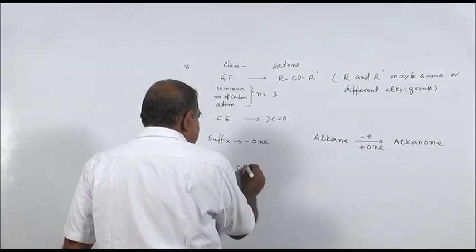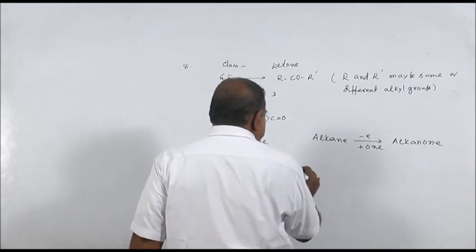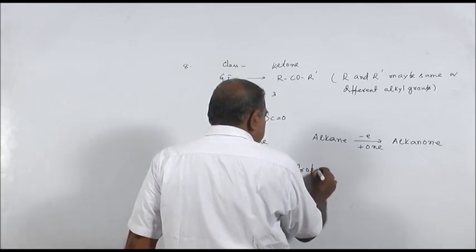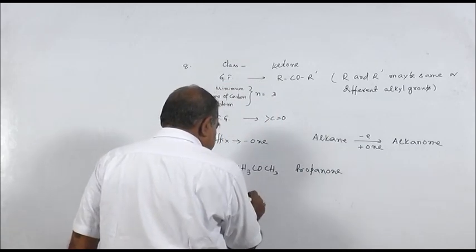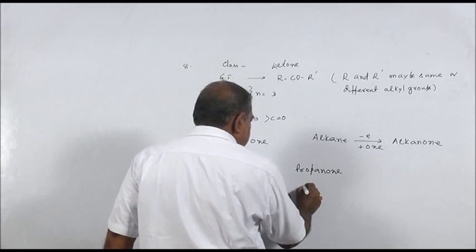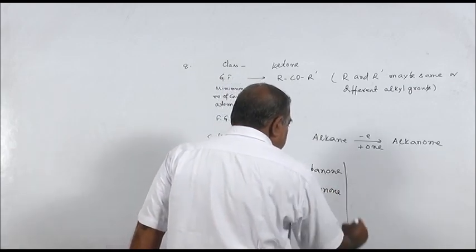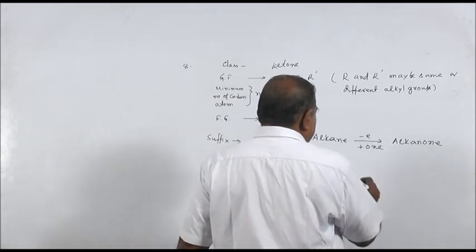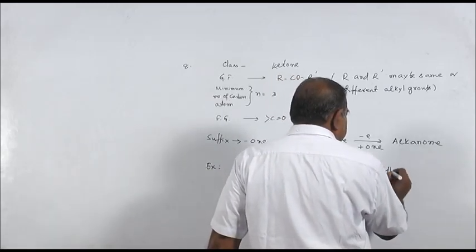A few examples: it contains a minimum of 3 carbon atoms, so it is propanone, CH3COCH3. It contains 4 carbon atoms, butanone. But if there are 5 carbon atoms, you will have to mention the position.